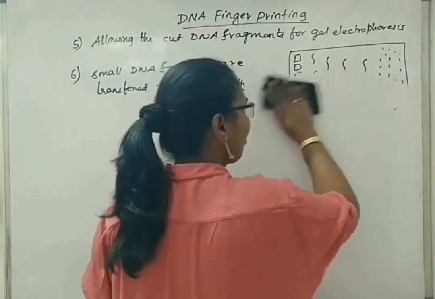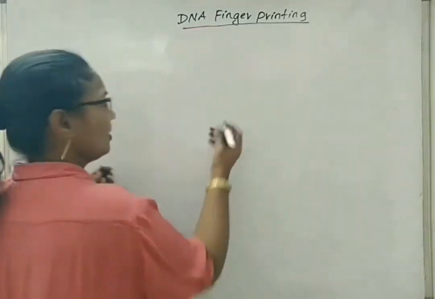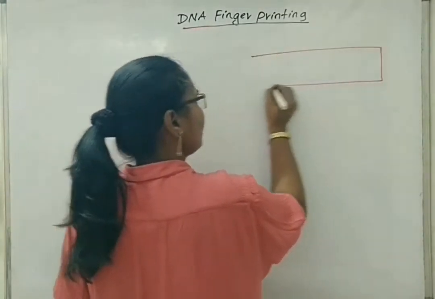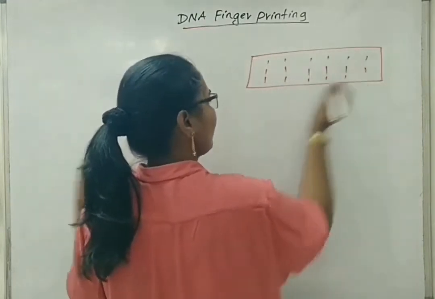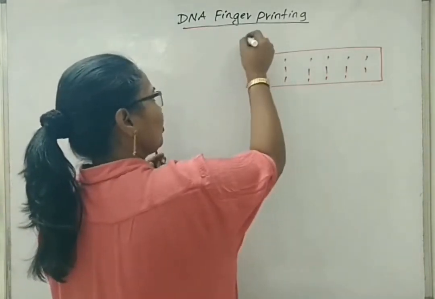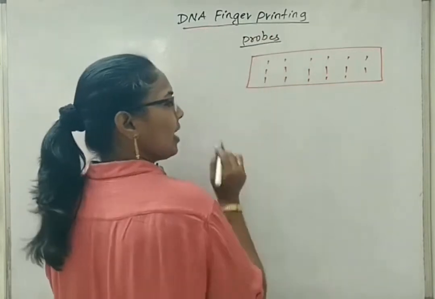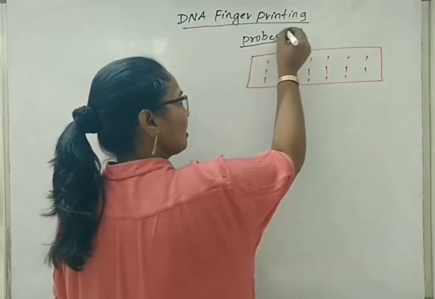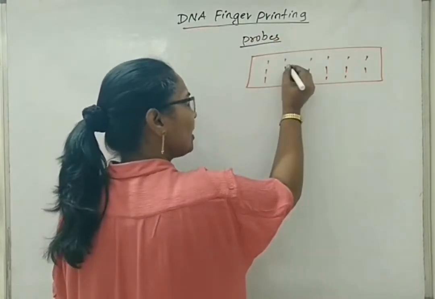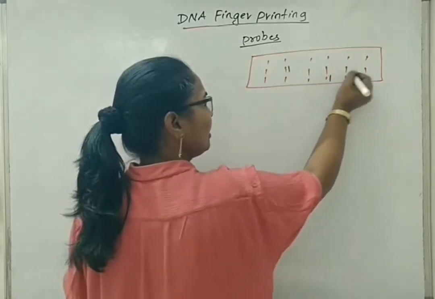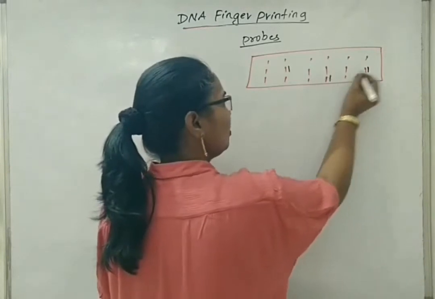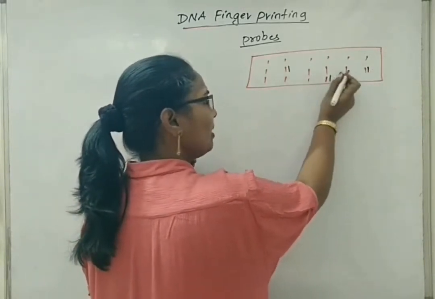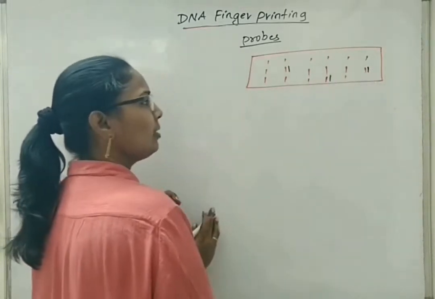That total is called complementarity. Suppose this is a nylon sheet or nitrocellulose paper which has small DNA fragments like this, and we have added the probes. Probes are radioactive in nature. If a probe has complementarity with this one and this one and this type of unknown DNA sequences, then they will form complementarity at that particular area only.